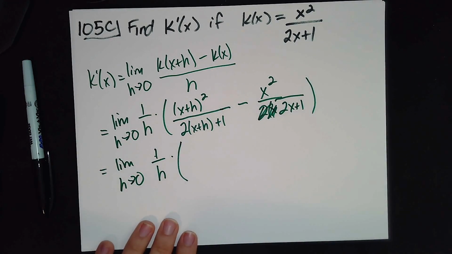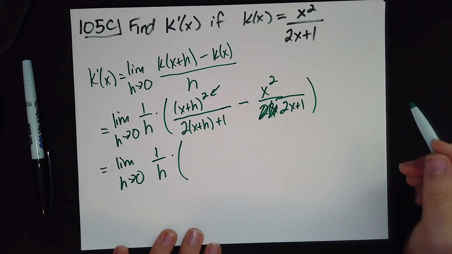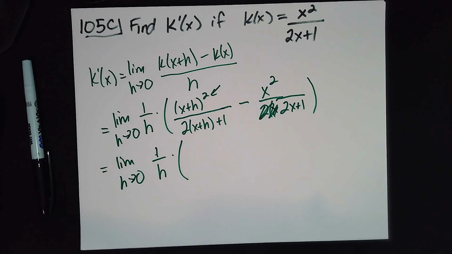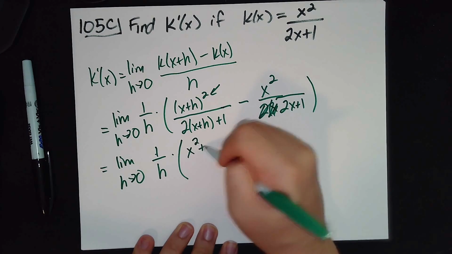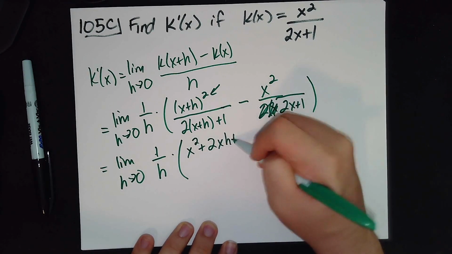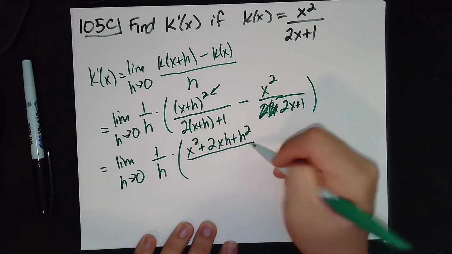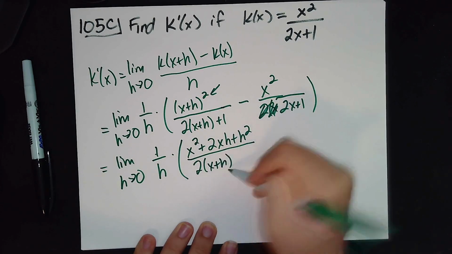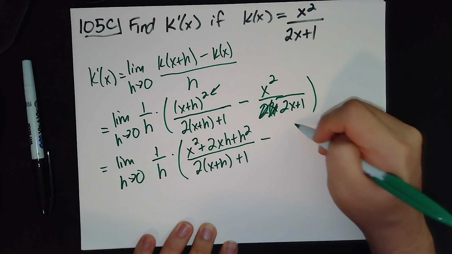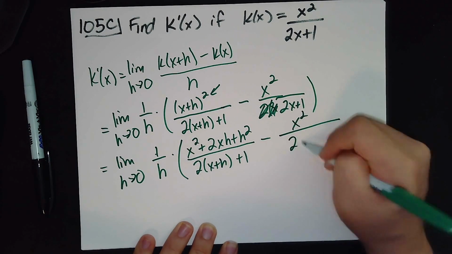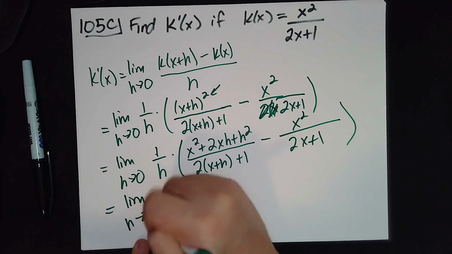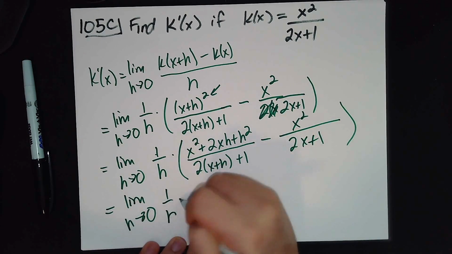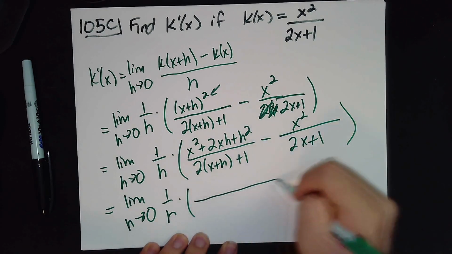Okay, and I'm going to multiply out this thing in the numerator before I combine these to be one fraction. I'm not going to bother multiplying out the denominator because, as a general rule, we don't multiply out denominators unless we have an excuse for doing so. So now it's going to be one fraction.